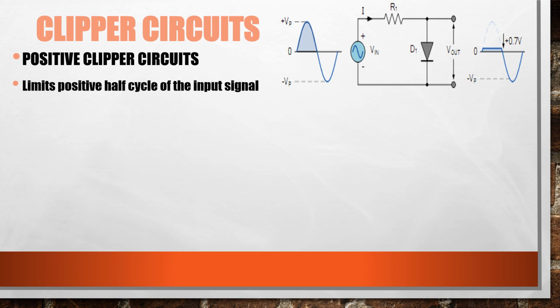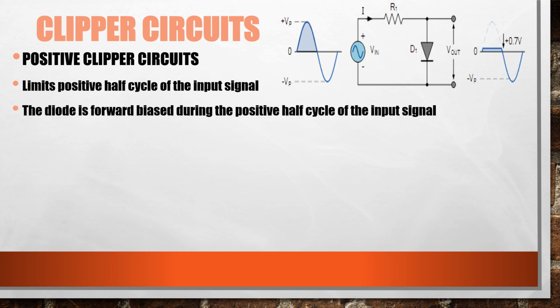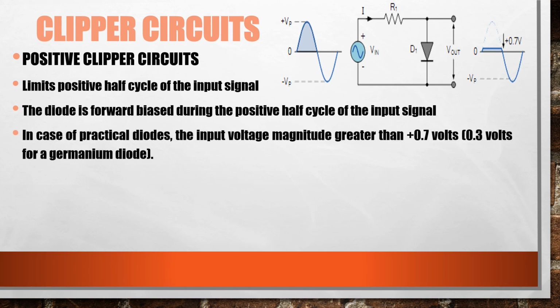In this clipping circuit, the diode is forward biased during the positive half cycle of the input signal. For the diode to become forward biased, it must have the input voltage magnitude greater than 0.7 volts in case of silicon diodes and 0.3 volts for a germanium diode.